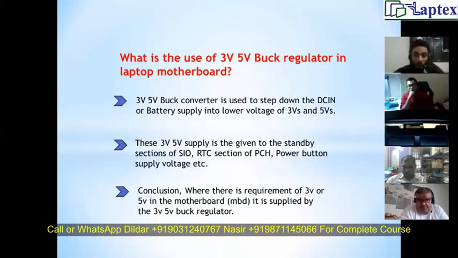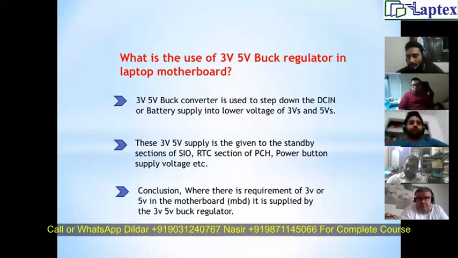It means the 3 volt 5 volt section can have a fault due to various sections, because this IC is supplying voltage to different sections. If say a USB IC has a fault and that VCC is supplied by this 3 volt 5 volt section, then this supply will also get dropped.